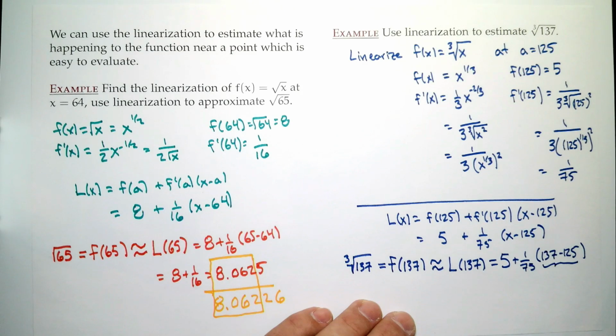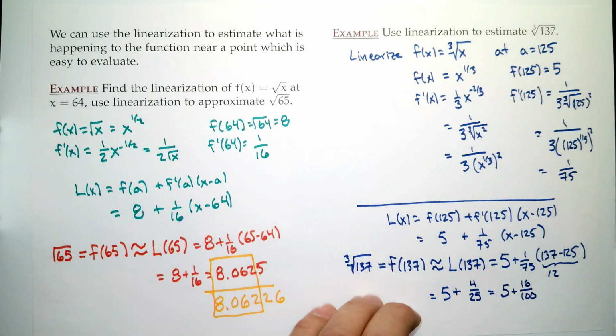What is that? 12. Do 12 and 75 have any common factors? They have a factor of 3. So I can write this as 5. If I factor the 3 out of the 12 and the 75, I'll be left with 4 over 25, which happens to be the same as 5 plus 16 over 100. And you're probably thinking that's the wrong way to simplify.